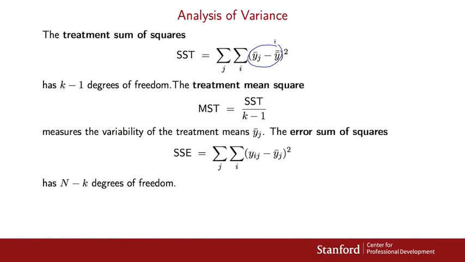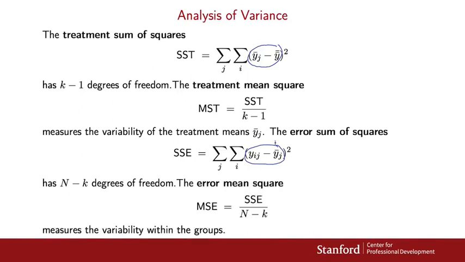The other quantity we are interested in is the error sum of squares. For that, we look at the square difference of each observation and its corresponding group mean. And then again we sum over all rows and columns. This term has n-k degrees of freedom. Again, dividing by the degrees of freedom gives what's called the error mean square, and that measures the variability within the groups.